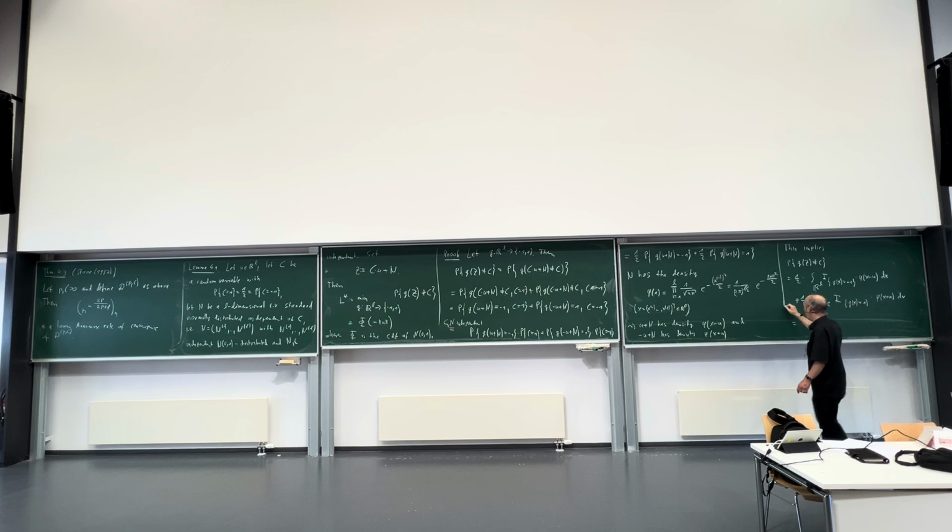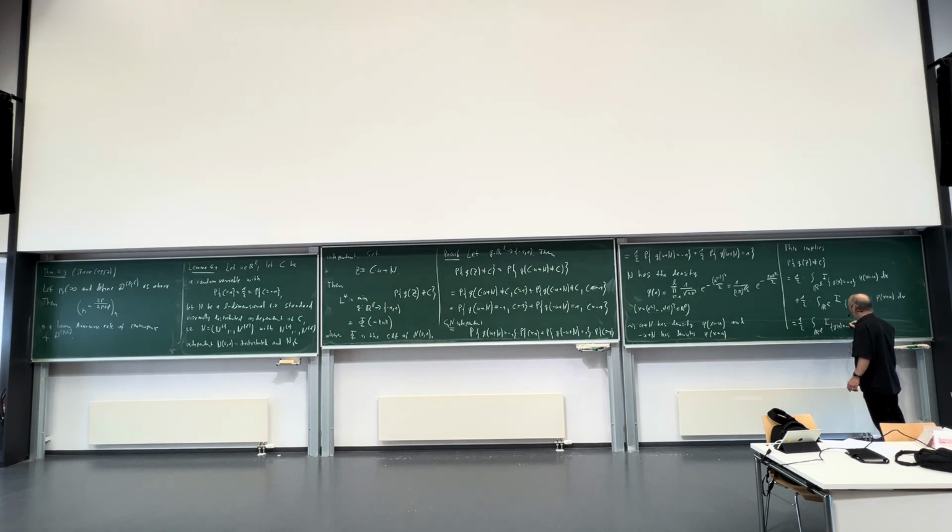And I combine both integrals, and I get the sum of two terms: the integral of the indicator that g of x equals -1 times phi of x minus u, plus the indicator that g of x is 1 times phi of x plus u, dx.